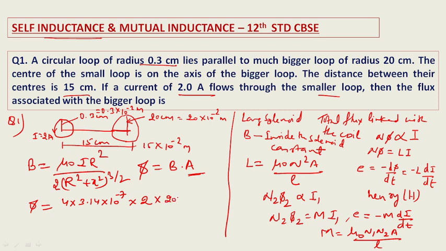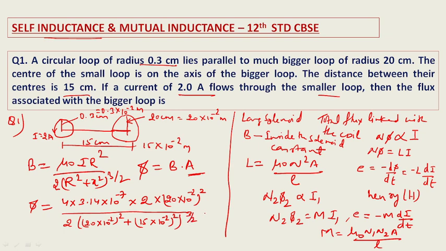So 20 into 10 power of minus 2 squared, I R square, divided by 2 times (20 into 10 power of minus 2) squared plus 15 centimeter, that is the given distance. So 15 into 10 power of minus 2, also squared, closed, to the power 3 by 2 here.